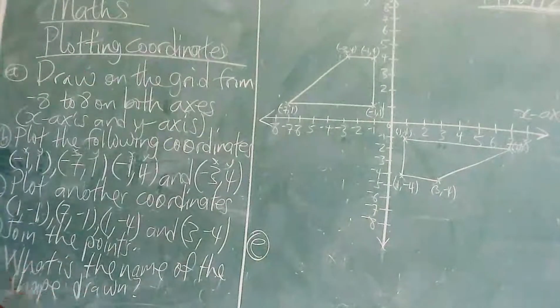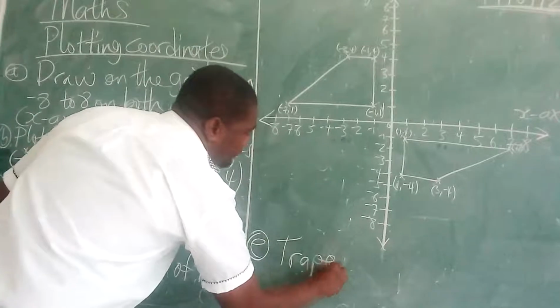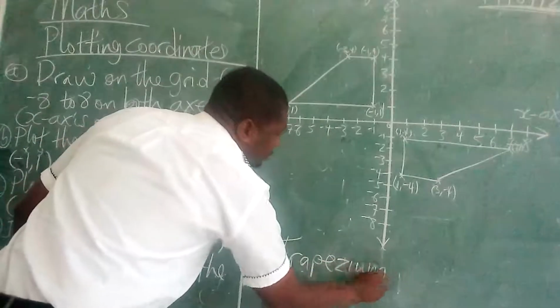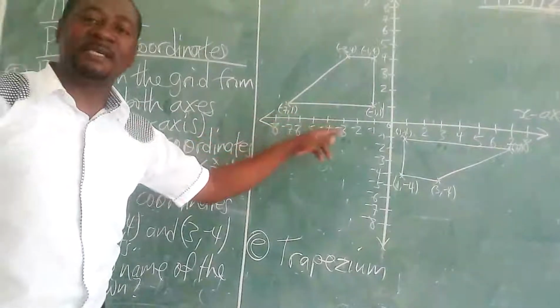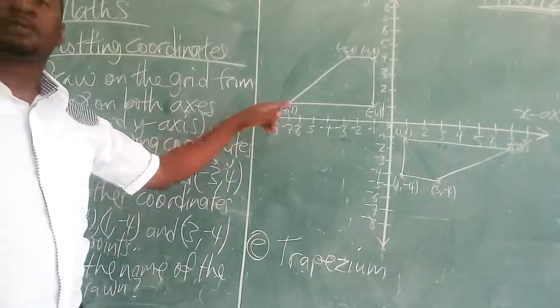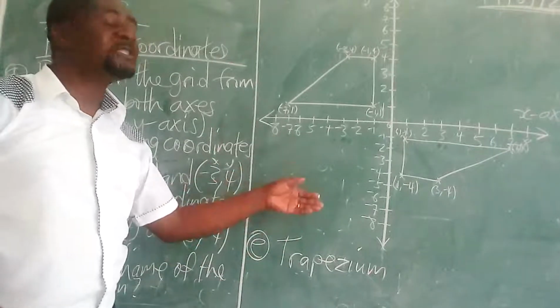The type of shape that I've drawn is called a trapezium. So the shape that you can see on the board is called a trapezium.